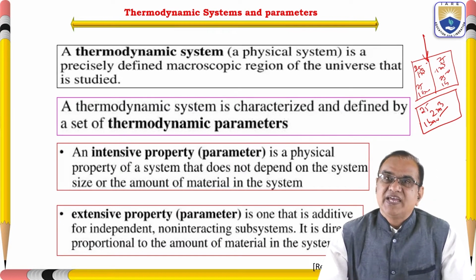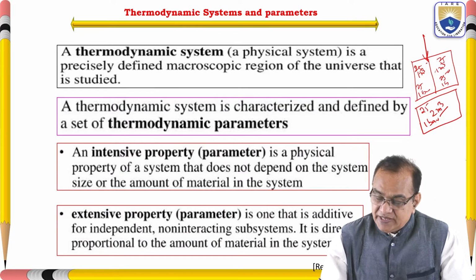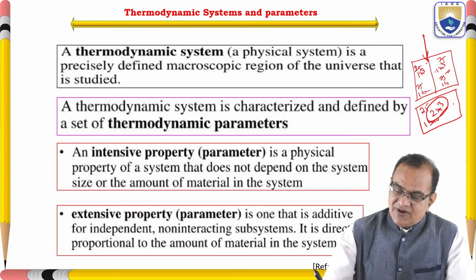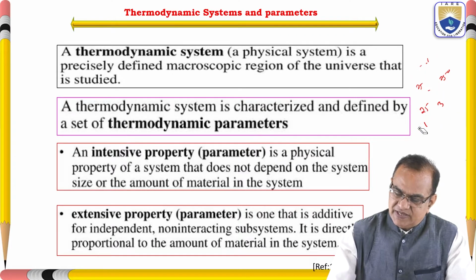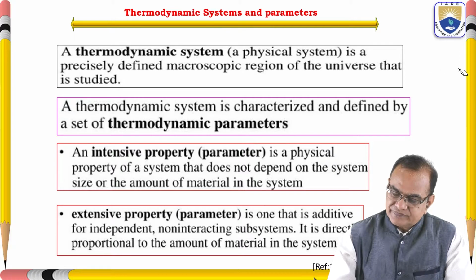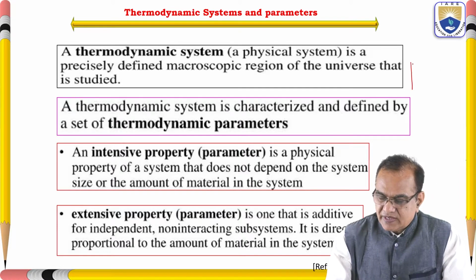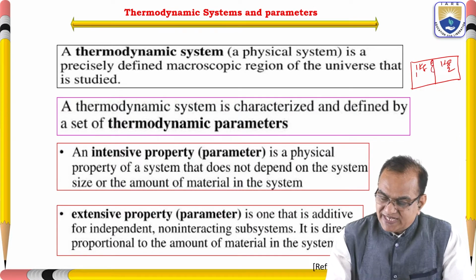Next are the extensive properties. Here, if you see, the volume is changed. I will take the same thing. If you take mass here, 1 and 2, here you have 1 kg and here you have 1 kg. If you remove this separator, there will be a mass of 2 kg.